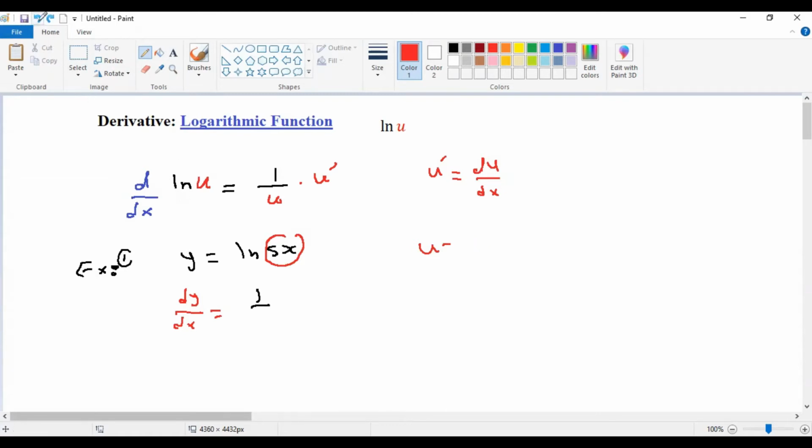So now 1 over u, 1 over 5x, times the derivative of 5x, which is 5. Then the 5 cancels with the 5, so the answer is 1 over x.